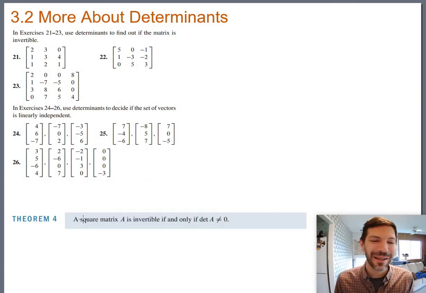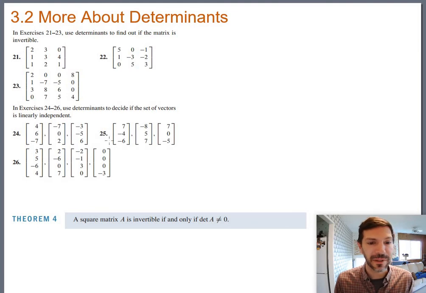Okay, square matrix is invertible if and only if the determinant is not 0. So you'll just check the determinant here, find out if it's 0. If the determinant is anything besides 0, it's invertible. If the determinant is 0, not invertible. And feel free to use any of like row reducing or cofactor expansion, any of those methods to find the determinants here.